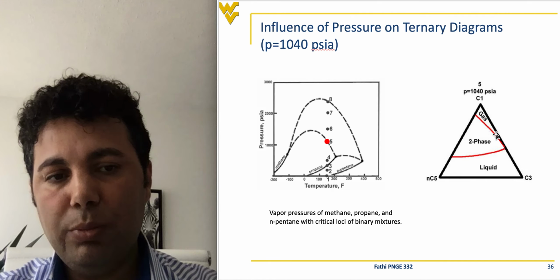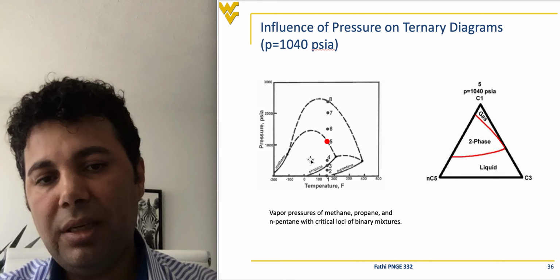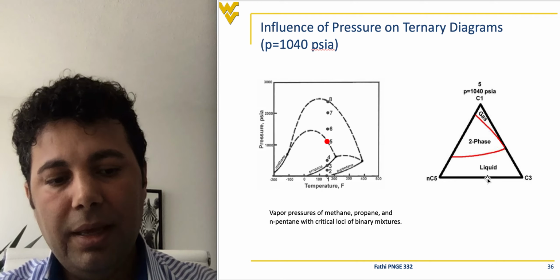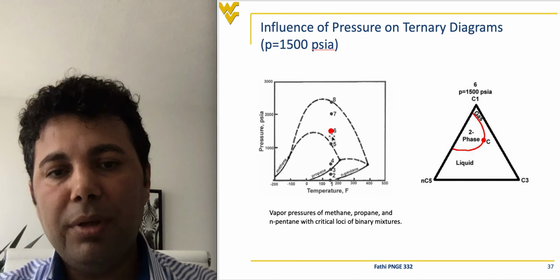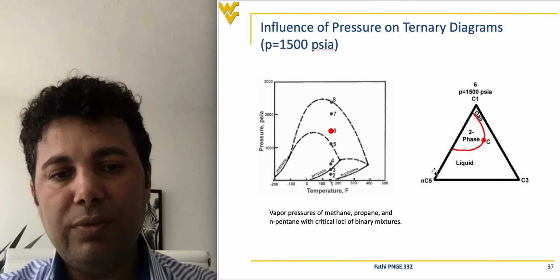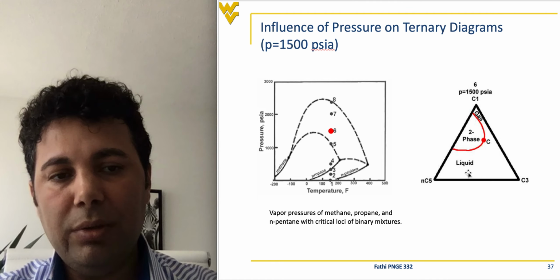I know the gas should be at the top and the liquid should be at the bottom. And between the propane and N-pentane, point 5 is on the left side and up there, so it's all liquid. Then if I move further up, this point is again inside the two-phase between methane and N-pentane, so gas, two-phase, liquid. To the left of the propane and N-pentane, it's all liquid here.